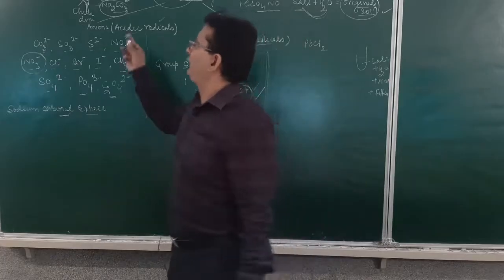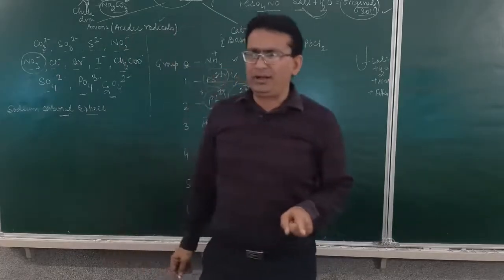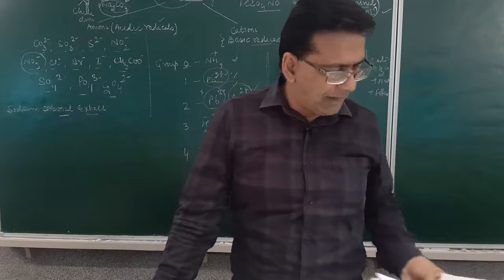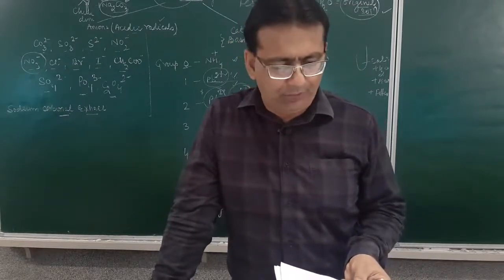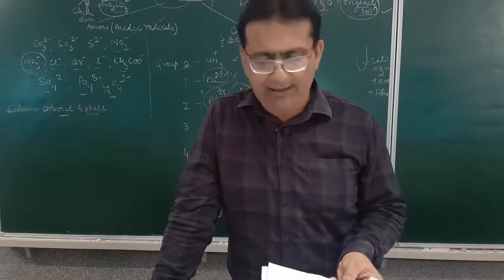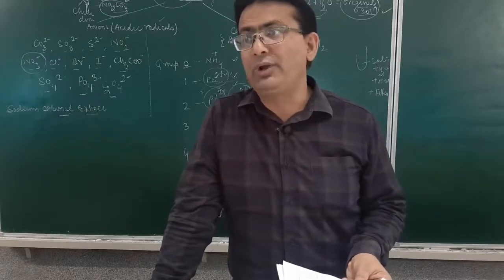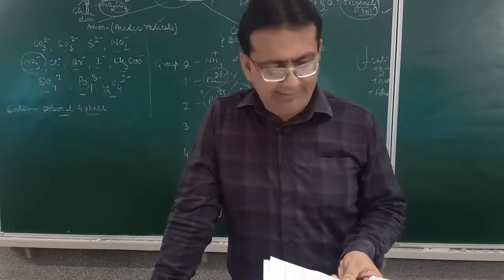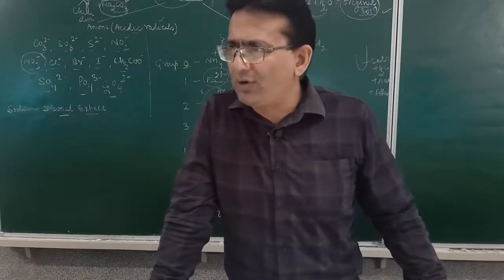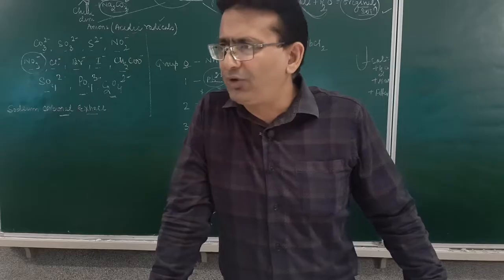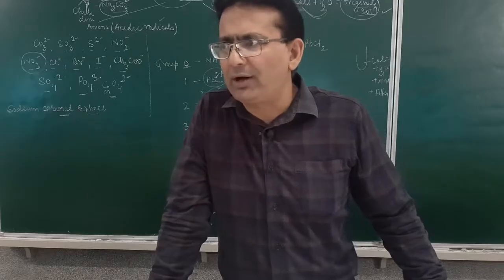Now, this sodium carbonate extract is to be taken. To this sodium carbonate extract, what test we have to perform for the identification of a sulfite anion? You know from class 9, to the sodium carbonate extract we add dilute acid, either H2SO4 or HCl. A sulfur dioxide gas will be given out, which is a suffocating odor gas.